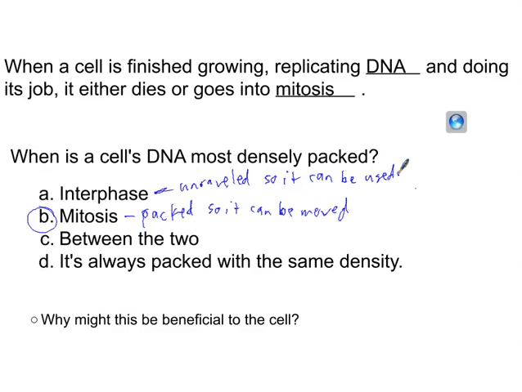A chromosome is like this. Chromatin is when it's like this. It's the same thing. It is the same genetic material, only arranged differently. It's still DNA, but this one is DNA that's been packed and put together tightly.